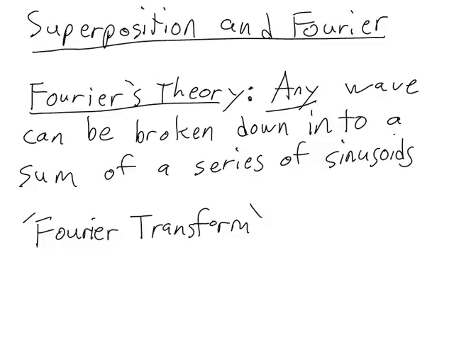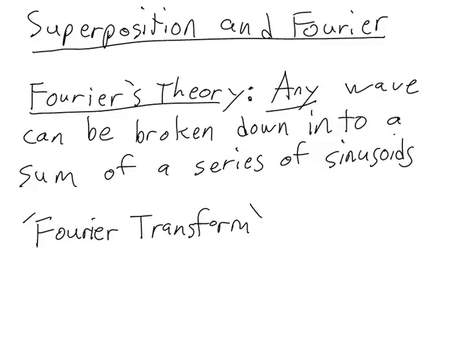You may have used this theory before by using something called an FFT, or a fast Fourier transform. A Fourier transform is an approach to break up any kind of a wave into its individual sinusoidal components.